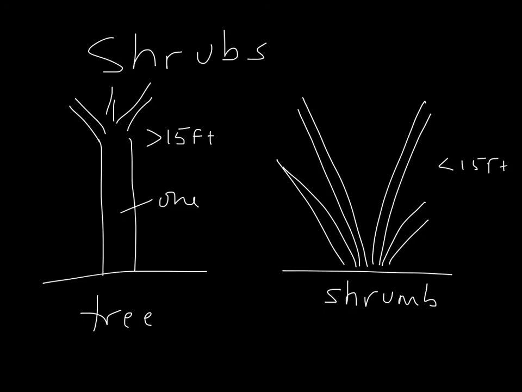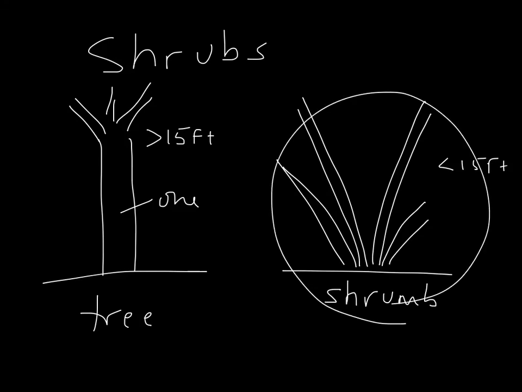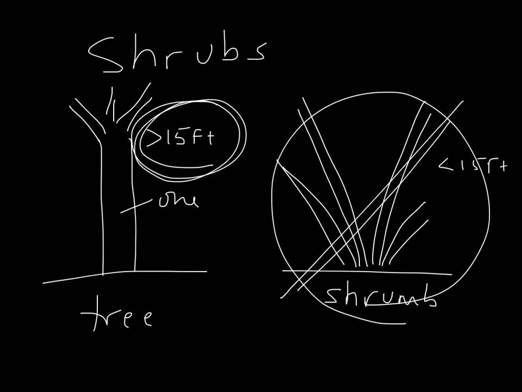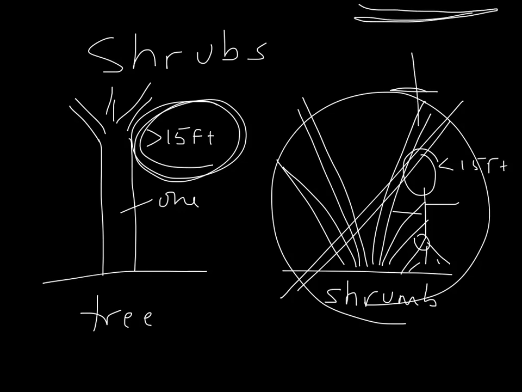The important thing, though, is that you realize that we're not counting shrubs. We're looking only at trees. Something that's over 15 feet is what you're using your densiometer for. So if you're standing right here, looking up through the shrub, well, if it's a giant shrub, you would actually ignore the shrub and look up at the leaves of the trees above you.